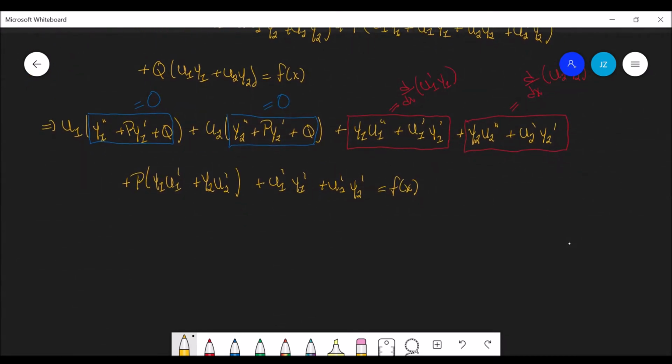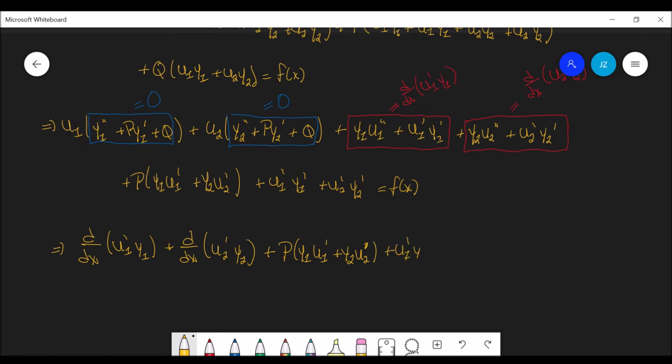So we can now rewrite this as d/dx of u1' y1, plus d/dx of u2' y2, plus p times (y1 u1' plus y2 u2'), plus u1' y1' plus u2' y2'.